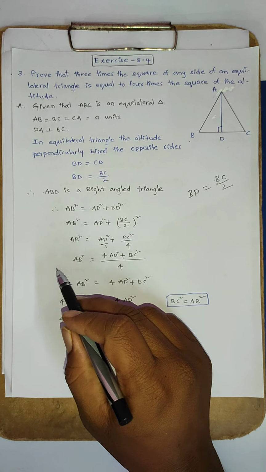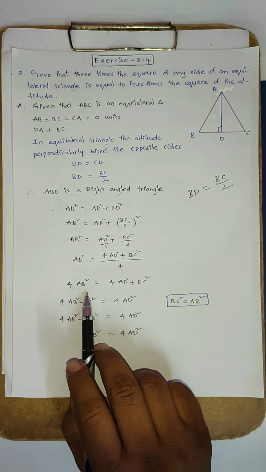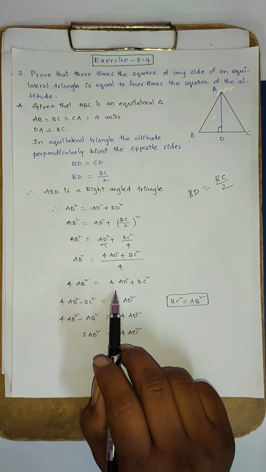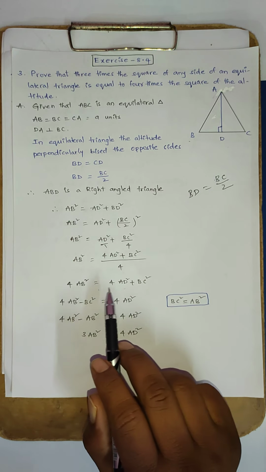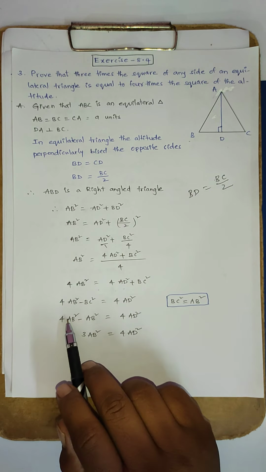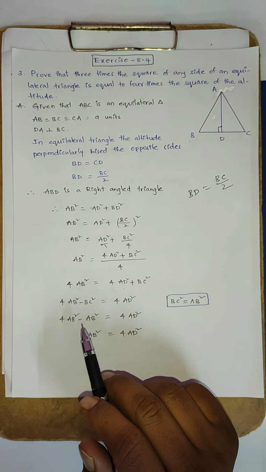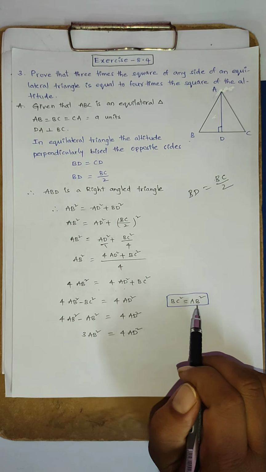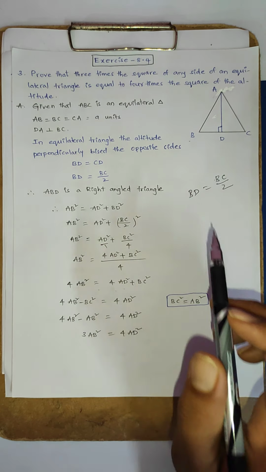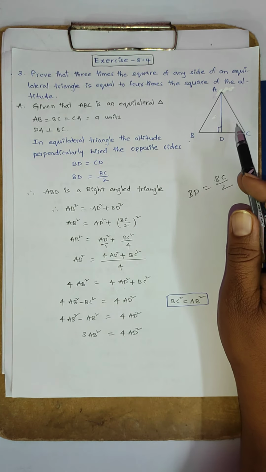Set this 4 equal to that side: 4 AB square is equal to 4 times AD square plus BC square. BC square and AB square are both the same because this is an equilateral triangle.